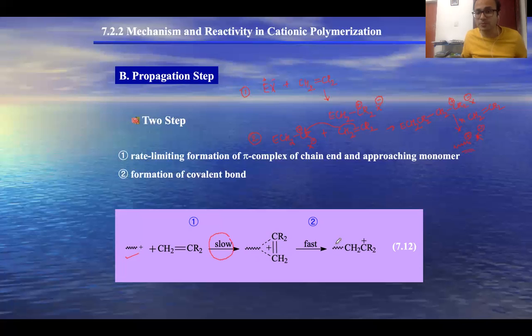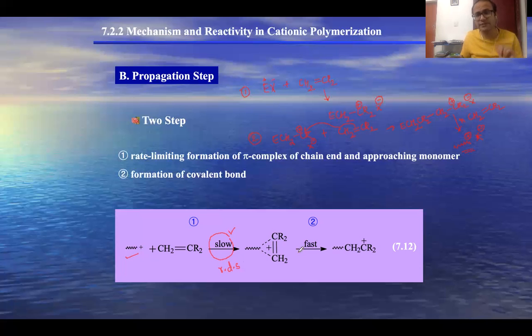So it involves an initial slow step where the propagating chain forms a pi complex with the monomer. That means this is the rate determining step in this reaction.